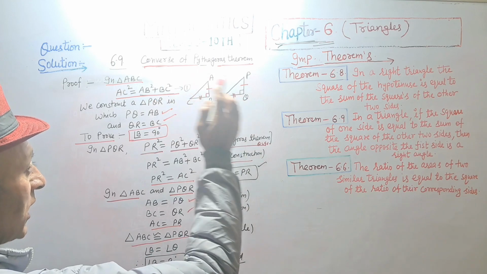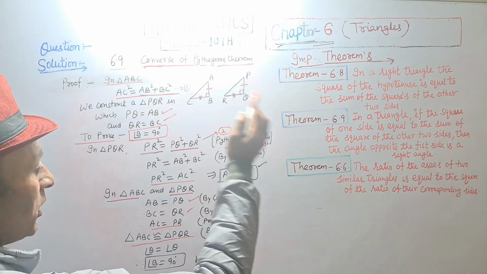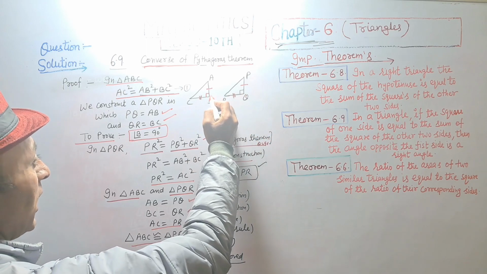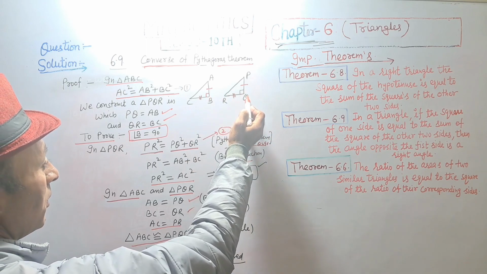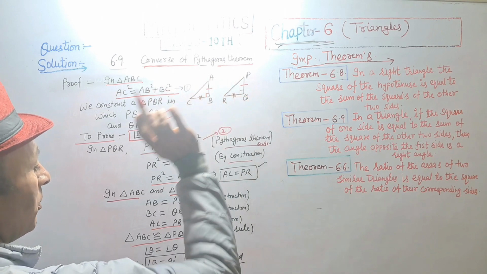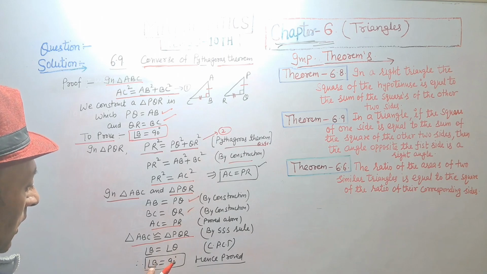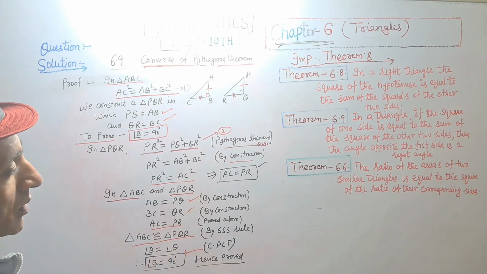By CPCT, corresponding parts of congruent triangles are equal, angle Q is equal to angle B. So angle Q is 90 degrees, then angle B is equal to 90 degrees. Hence proved.